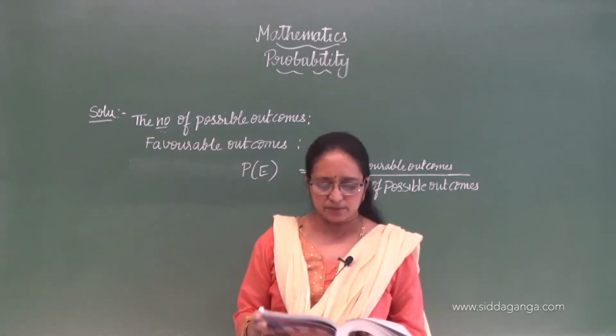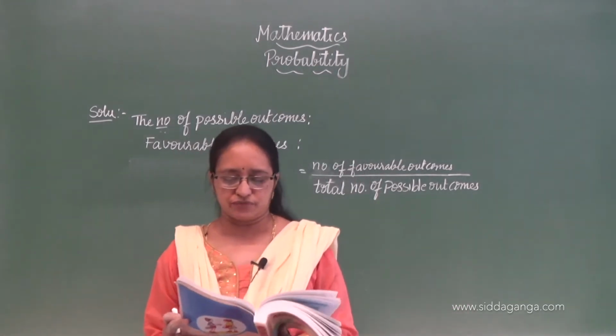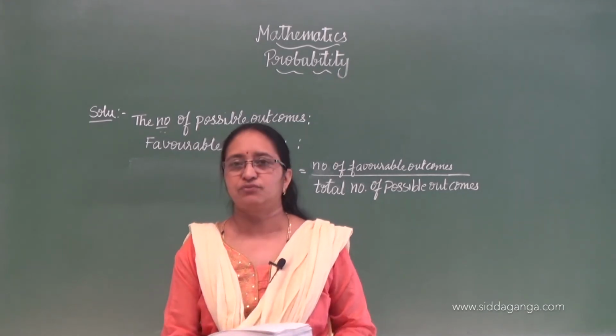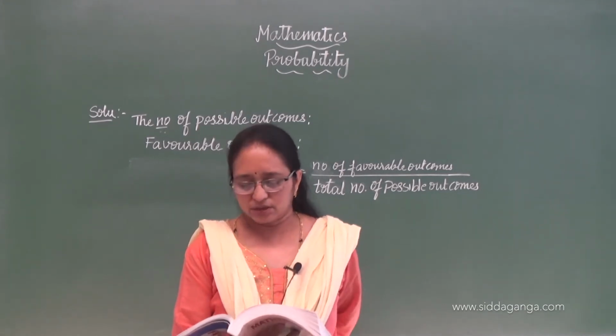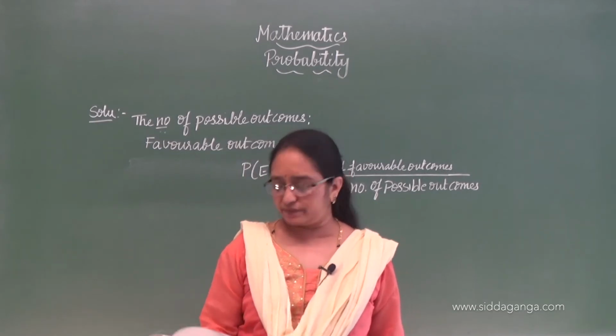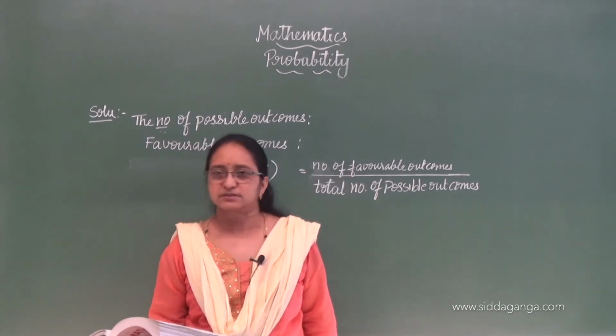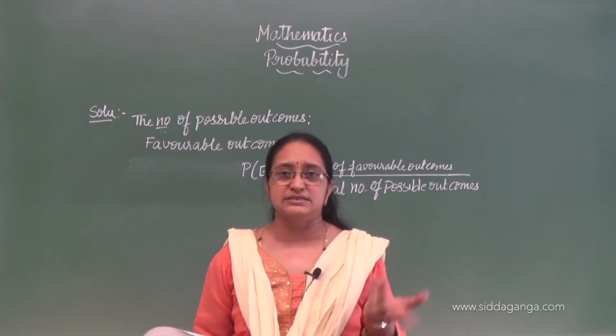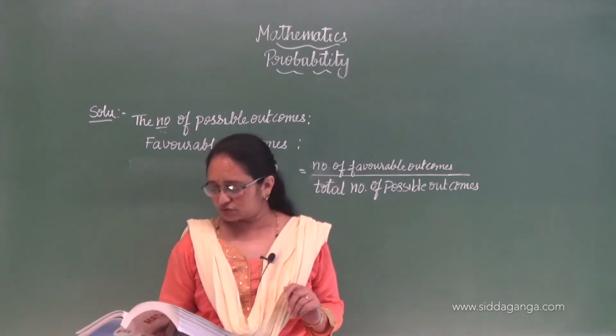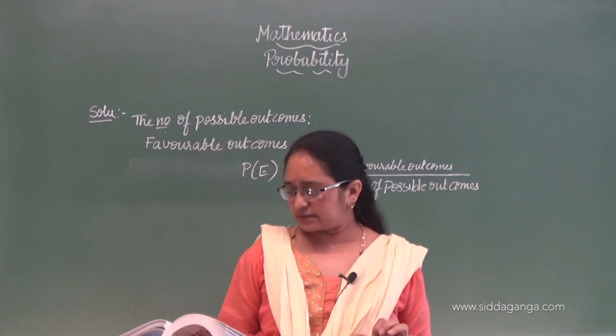Fourth example: one card is drawn from a well shuffled deck of 52 cards. Calculate the probability that the card will be an ace, and second, not be an ace. So first one is be an ace.